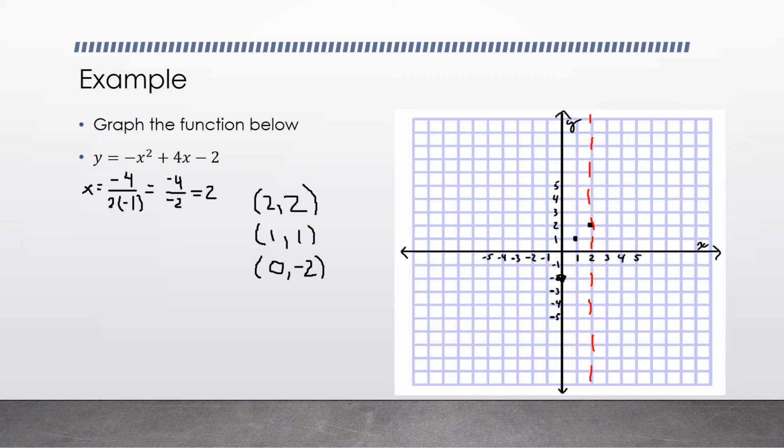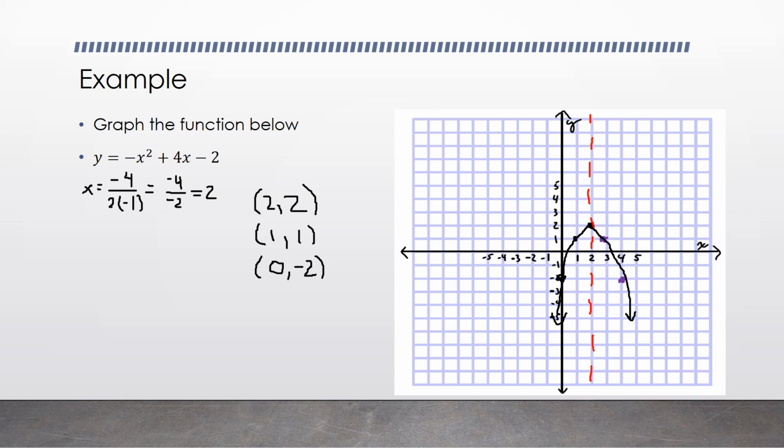So now I'm going to do my reflection points. 3, 1, and 4, negative 2. And notice that the graph is going to open downward on this one. It's going to frown because of the fact that I have a negative value for a. And we have our downward opening parabola.